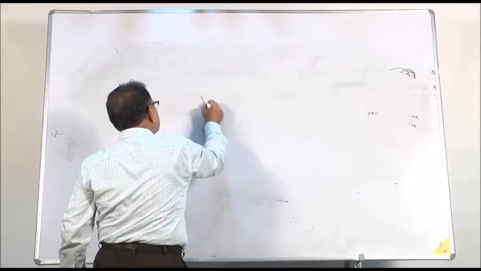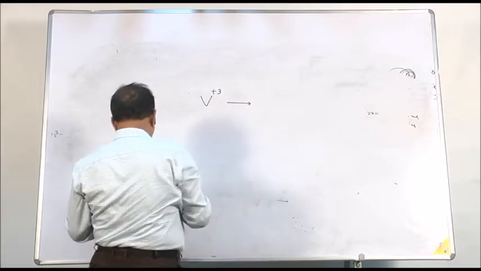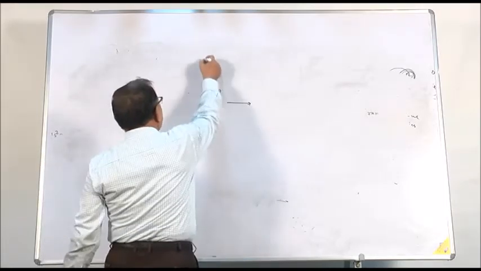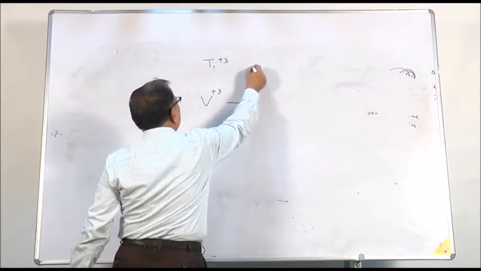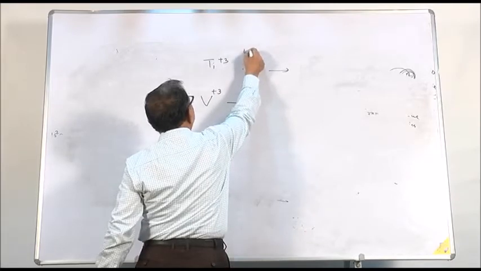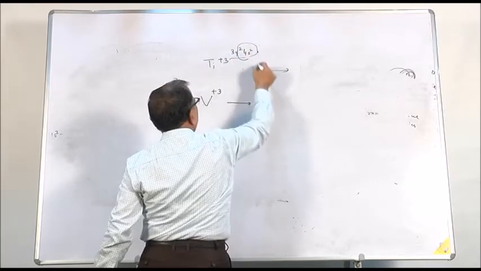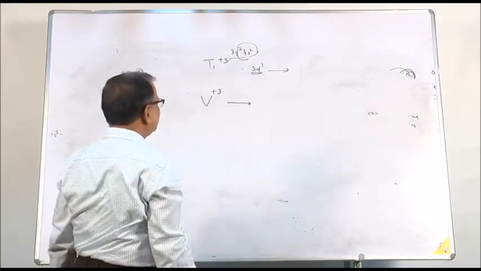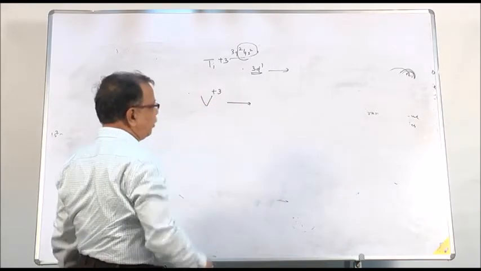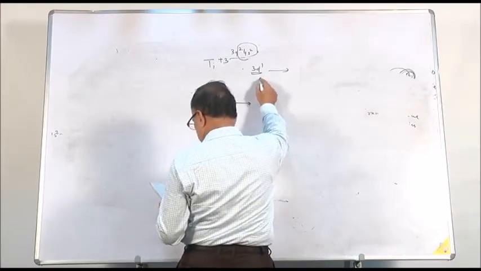The question may ask why vanadium plus 3 is colored. First, titanium plus 3 is 3d1: titanium is 4s2 3d2, and when you remove 3 electrons, 3d1 remains. There is 1 electron, and the d orbitals are not all at the same energy, so it can transfer from a low energy level to a high energy level. When the electron jumps from low to high energy level, we get color. So titanium plus 3, 3d1, is purple in color.